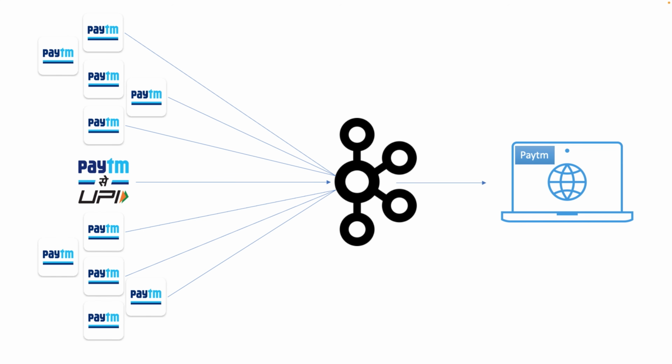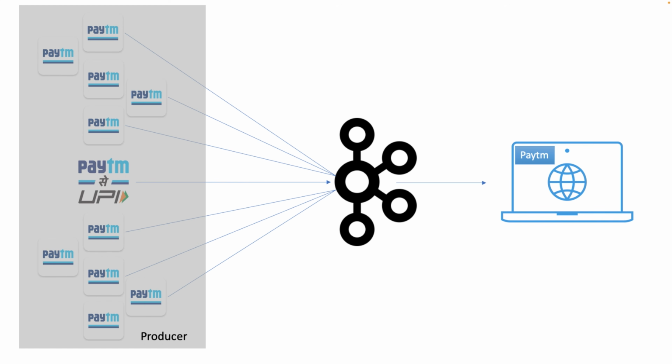So here the left part is my producer and the right side is my consumer, and the middleman is the broker, or you can say Kafka server. So the broker receives different types of messages or events here. It can be a payment transaction, or a ticket booking, or something specific to a mobile recharge related message, right?